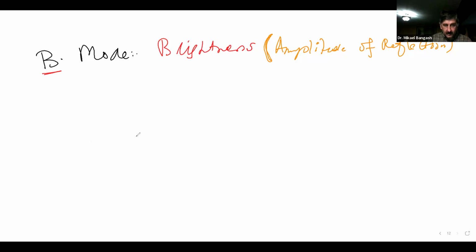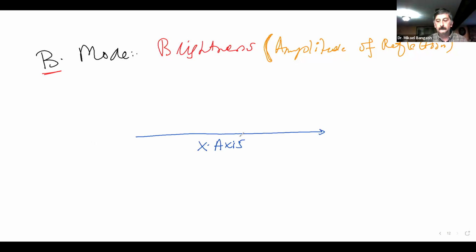One of the axes is again the same x-axis, and in B mode, the x-axis is going to represent the same thing as it did in your A mode: depth.